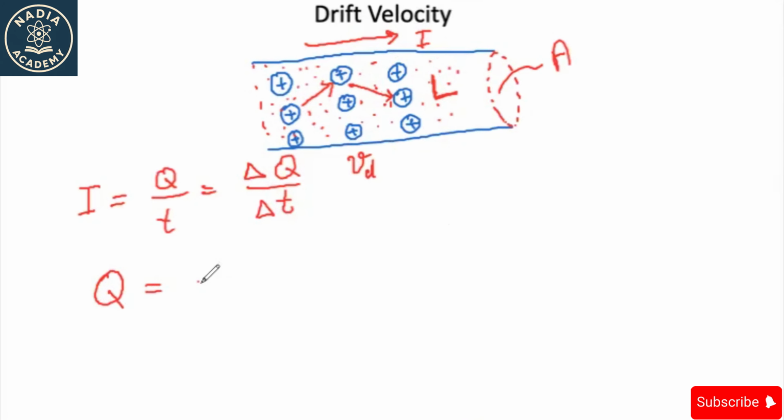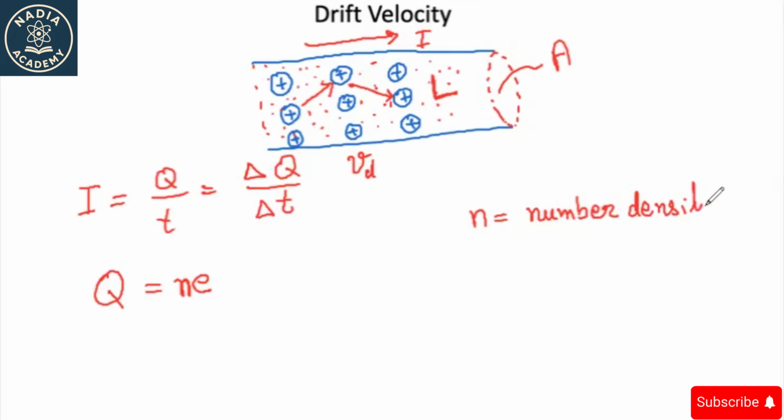We have a charge of one charge carrier, which is e, the quantized value of the charge. And this is flowing through this conductor, the total number of these charged particles per unit volume being n. We call this n the number density.